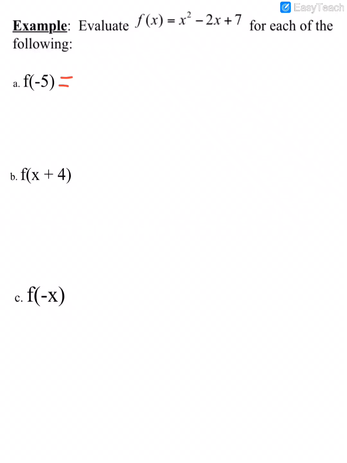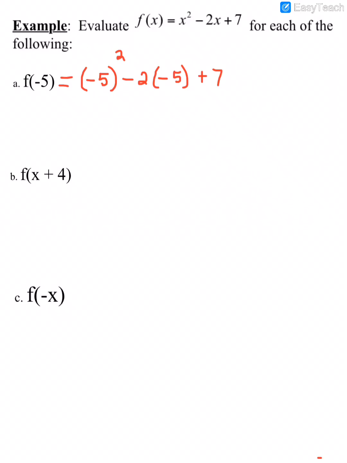All right, and it's important, especially if what you're plugging in is negative. Whenever we're replacing something in the function or evaluating a function, whatever we plug in goes in parentheses. Okay, so I've replaced all of the x's with negative 5, and now I just need to simplify.